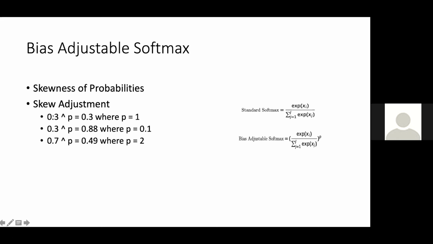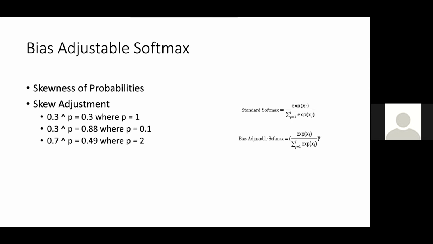So for example, if my predicted probability is 0.3 and my p is 1, then my probability remains 0.3. And if my p value is equal to 0.1, then the same 0.3 would become 0.8.